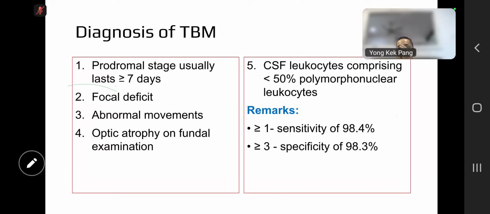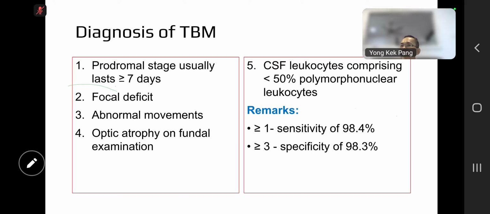And of course, I think one of the investigations they would like to perform is a lumbar puncture to obtain the CSF. CSF comprises less than 50% polymorph of leukocytes, right? If it's predominantly polymorph, then it's quite likely to be secondary to other bacterial meningitis.